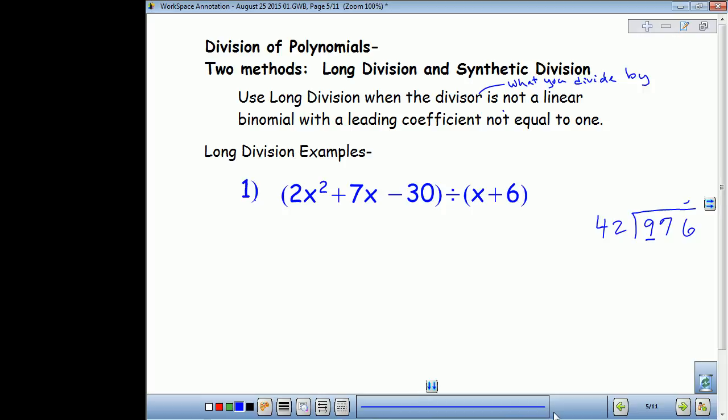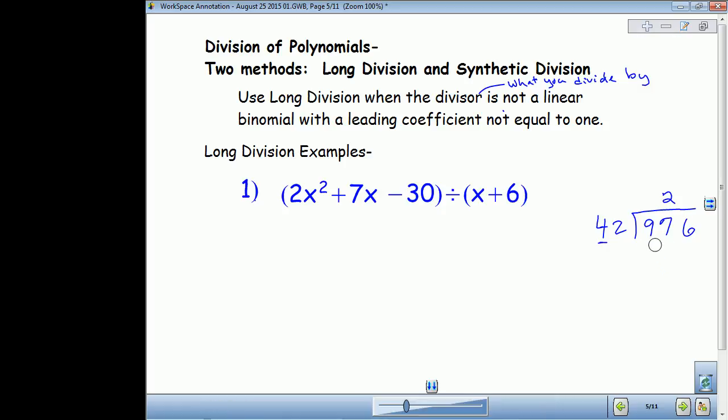First of all, let's remember division. Remember long division? Here we go. So if you had something like this, 42 goes into 976. How many times? And you didn't have a calculator. This is what you did when you were in elementary school. You said, okay, 4 goes into 9. How many times? 2.